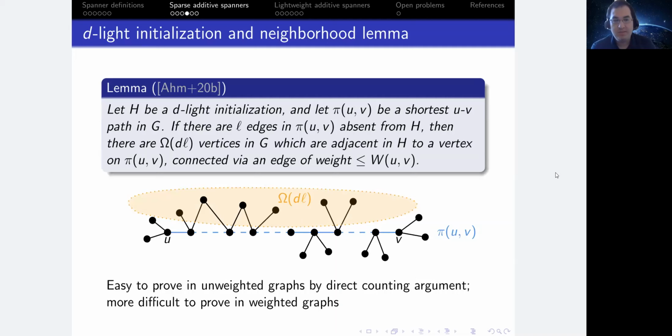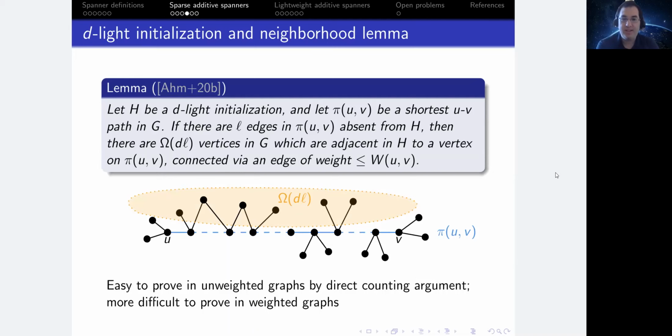So what about this spanner completion? In order to determine the size bounds, we're going to need the following neighborhood lemma from Ahmed et al. last year, which says that if H is a D-light initialization, and we look at a shortest path pi uv, and look at the number of edges that are contained in the path but missing from the D-light initialization.